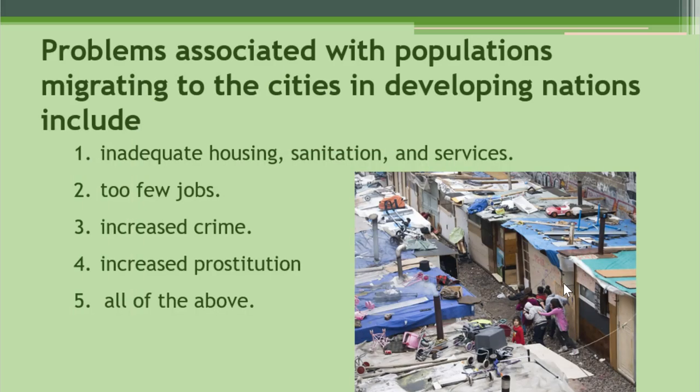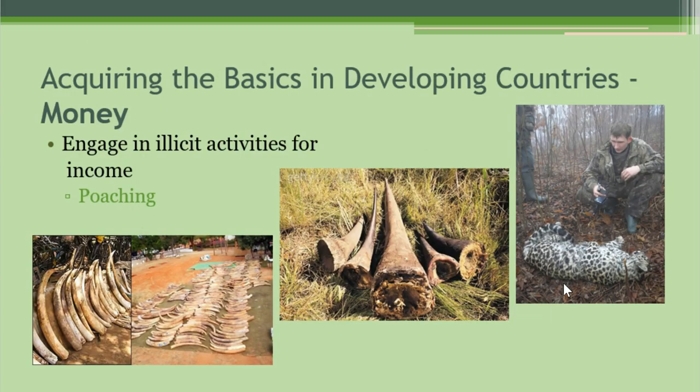So what are some problems associated with populations migrating to cities in developing nations? Is it inadequate housing, sanitation, and services, too few jobs, increased crime, increased prostitution, all of the above? It's all of these things, right? One of the things that you see when people can't acquire money through a job or a legitimate enterprise is they will engage in illicit activities for income.